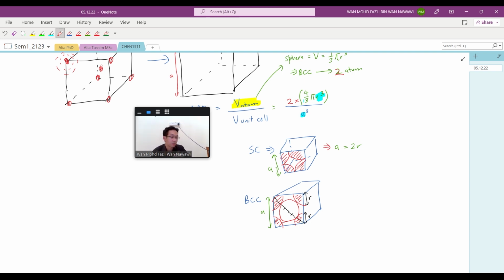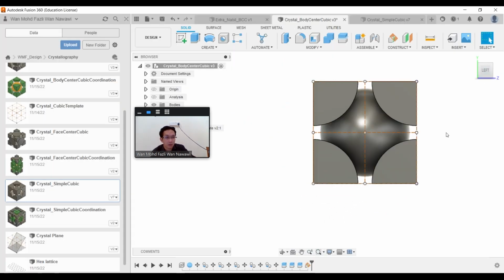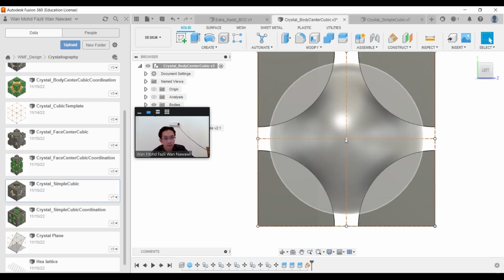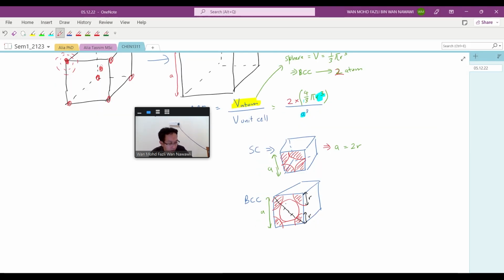The reason why you cannot say like this is because if you look at the simple cubic from the front, let's say I put in the front, this center is not exactly on the face of the thing. So it's inside. So the image here is not actually like this, but rather something like this.